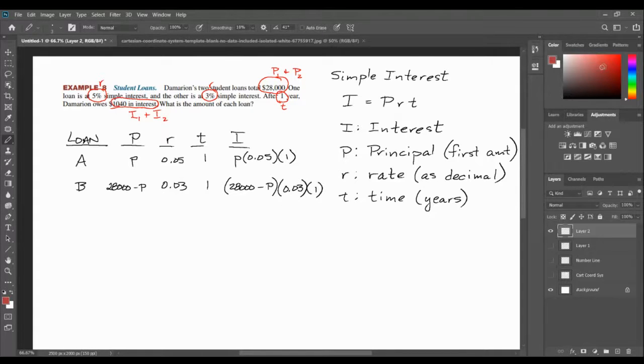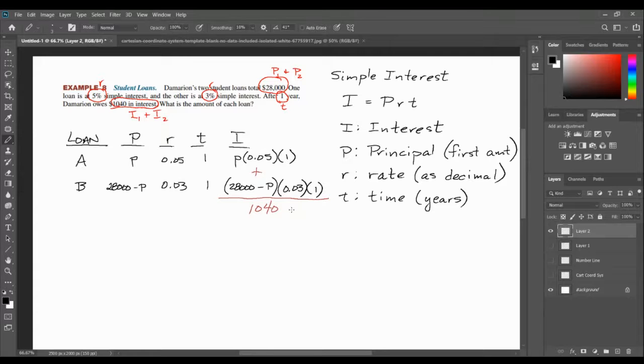And they told me that the total interest, the sum of those two, is 1040. So you can see how this table can help basically create our formulas for us.